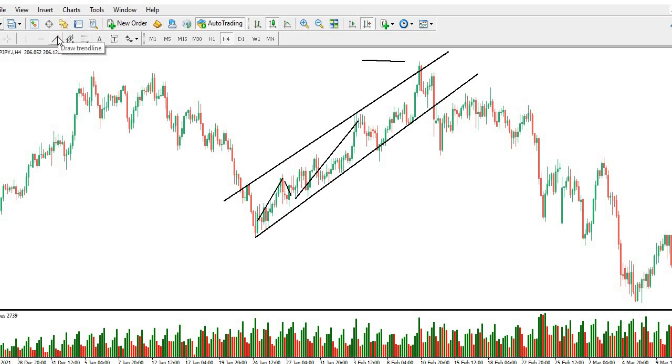So now the market has formed the ascending channel, which we know will break to the downside. So the first signal indicating that the market is about to break to the downside is this powerful bearish candlestick, which is a bearish engulfing candlestick.